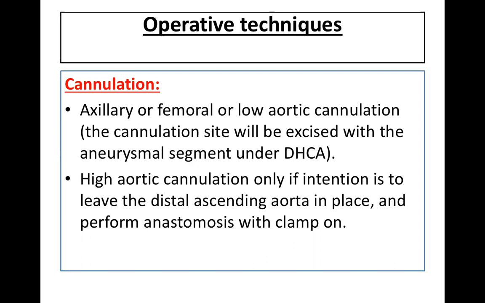If you just have a sole aneurysm, no dissection, you can go for both techniques. It doesn't matter actually if you have a retrograde perfusion or an antegrade perfusion. If you have a sole ascending aorta aneurysm that does not involve the arch, you can of course cannulate the arch.